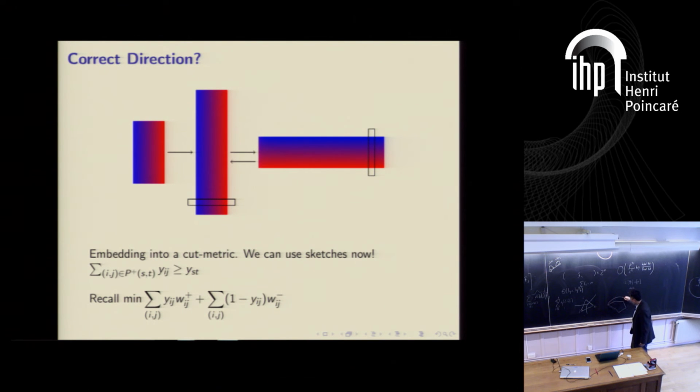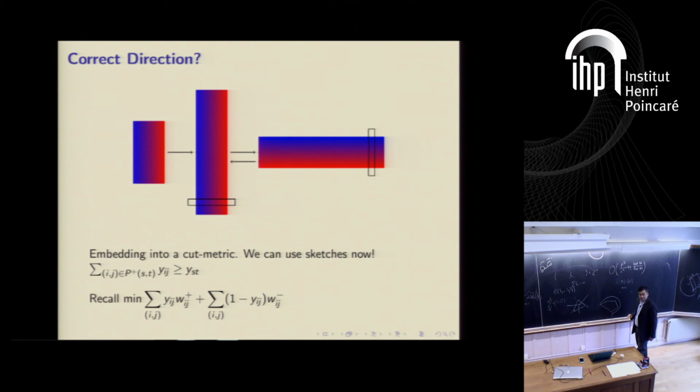Think about in your fractional solution, if this path from S to T was already of length half, I can double each of these lengths. Or one other way of saying is, suppose YST was greater than 1/3, I can actually multiply it by 3 and just cut this edge.